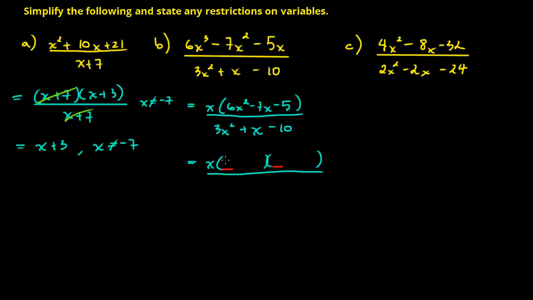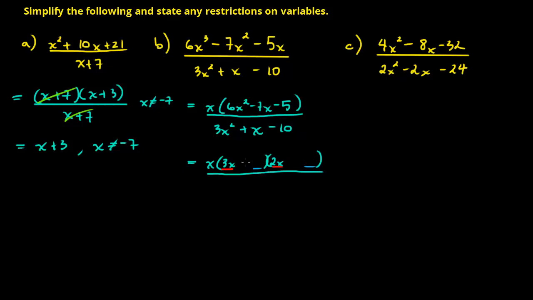So let's try 3x and 2x, because 3x and 2x multiply to 6x squared. Now I need two values in this position and this position that multiply to negative 5. So two numbers that multiply to negative 5 are either negative 1 and 5 or negative 5 and 1, and I could put them in either of these two positions.